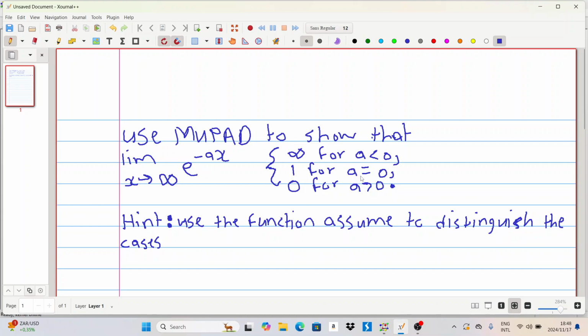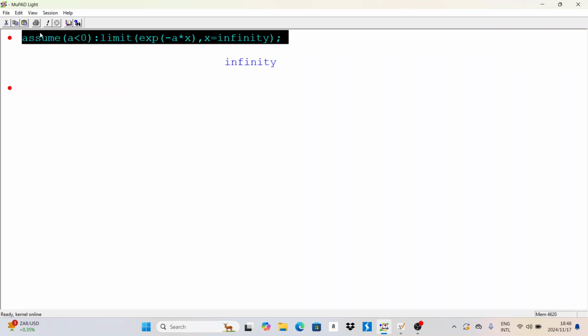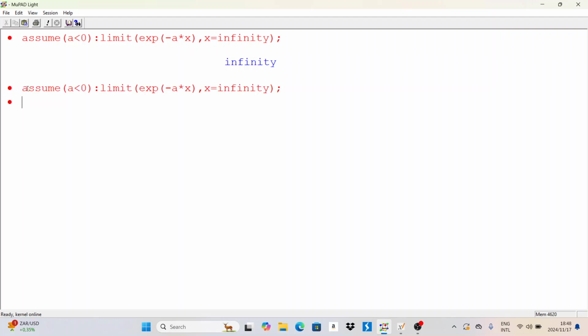For a equal to 0, we must get 1 as our answer. Then let's go again, and we can simply copy this assume, Control C, then paste it, Control V. But now we'll change the assumption to a equal to 0. Then let's check what is our answer.